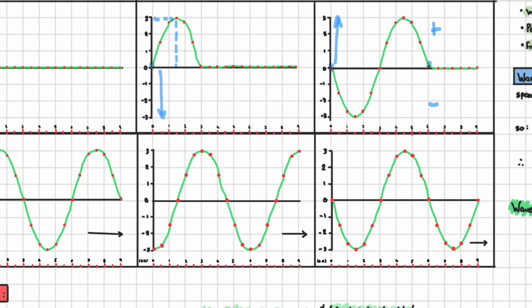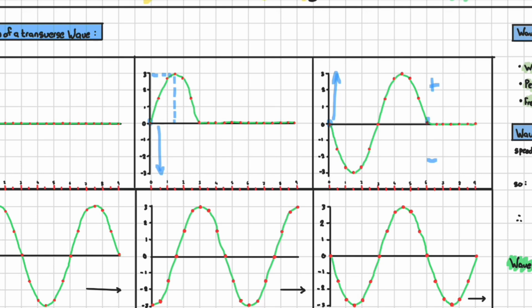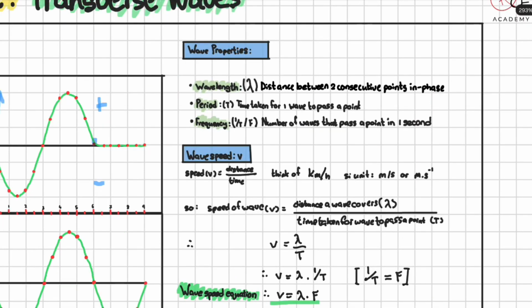And as you can see, as it progresses onto the sixth block, the pulses would create this pattern of a wave. Keep in mind, a single wave is made up of 2 pulses, one in the positive, one in the negative.